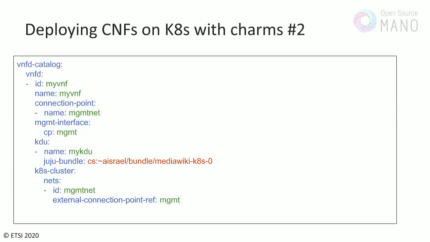How to do it in practice? Inside of the VNF descriptor, there is a KDU section which now has, starting from OSM release 7, a Juju bundle parameter where we can specify any Juju bundle that we're going to deploy on top of Kubernetes.